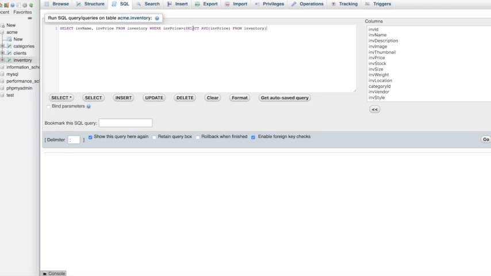Instead of writing select average price from inventory, we could be writing that long number of 46789, but that wouldn't account for us adding or subtracting inventory or changing prices. So this keeps it consistent, with the average changing possibly. Whatever's in these parentheses will work first and then add to this. So it finds the average and it will insert that 46789 number and then execute the rest of this.